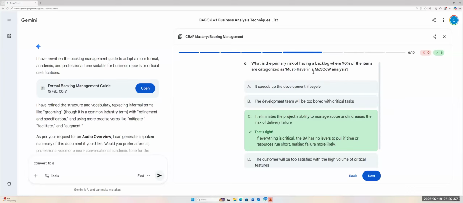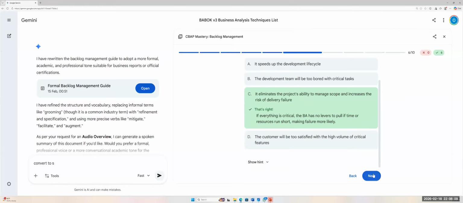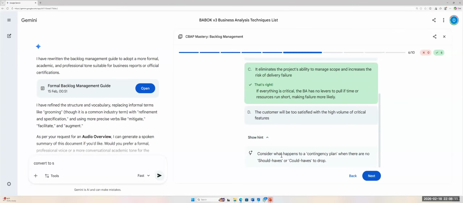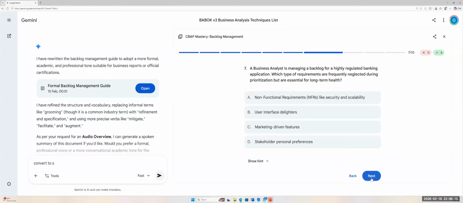We usually do that if someone says everything is P1. Out of this P1, which one is most important? And that's where you continue to do proper backlog management.